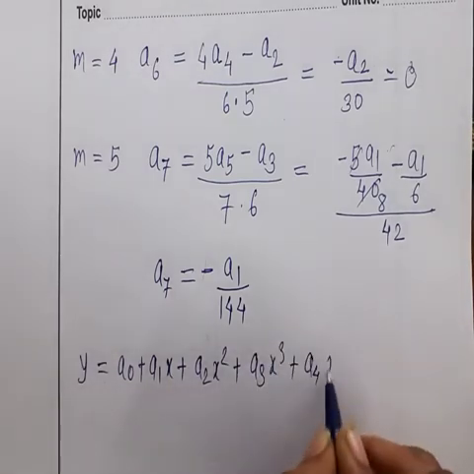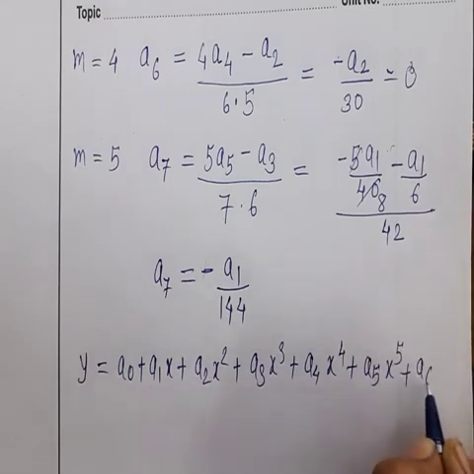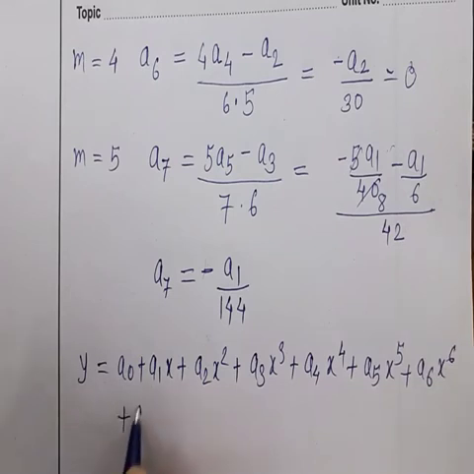Now put in the series: y is equal to a0 plus a1x plus a2x square plus a3x cube plus a4x to the power 4 plus a5x to the power 5 plus a6x to the power 6 plus a7x to the power 7 and so on.